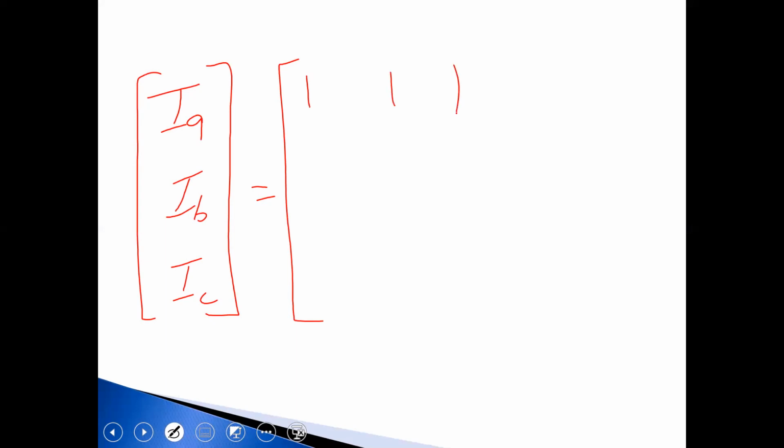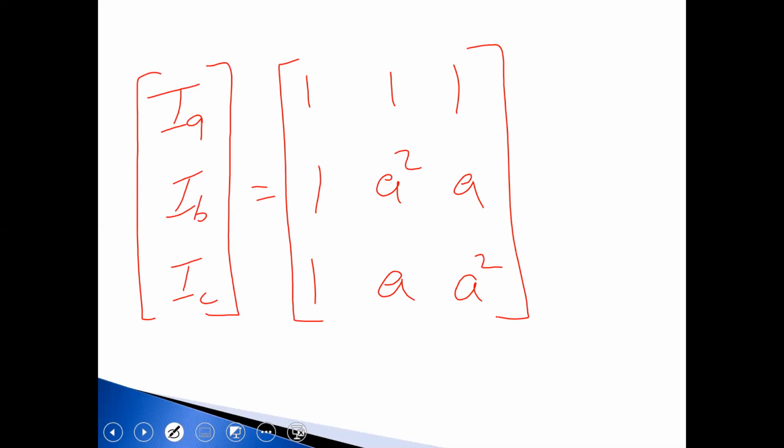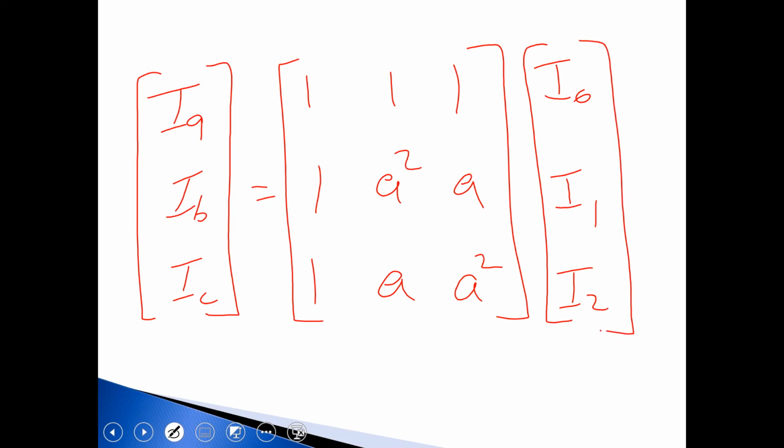Remember, these are all equal. So of course you'd have I0, I1. Bear in mind, this is where a lot of errors are made in terms of the sequence of them.